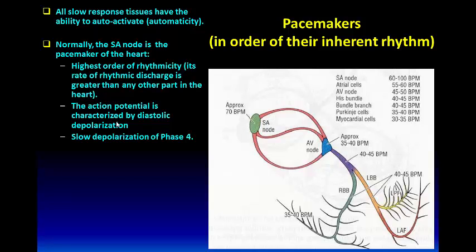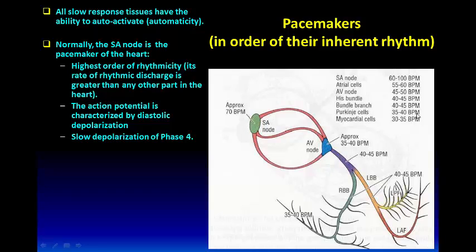Can other parts of the heart act as pacemakers? The answer is yes. All slow response tissue have the ability to auto-activate, to produce action potentials spontaneously. They have autorhythmicity. However, normally the sinoatrial node is the pacemaker. The rhythmical rate of the sinoatrial node is from 60 to 100 beats per minute, AV node 45 to 50, His bundle 40 to 45, bundle branches 40 to 45 beats per minute, Purkinje cells 35 to 40 beats per minute.